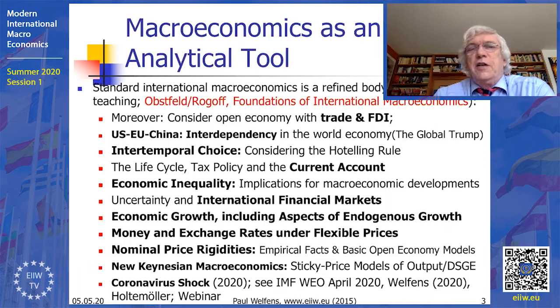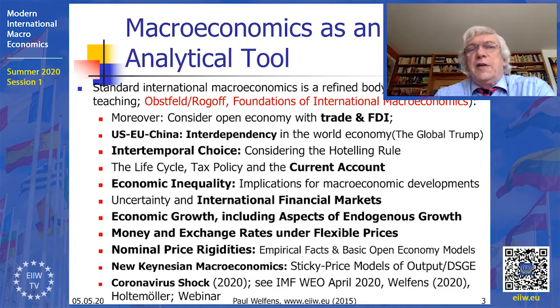Occasionally we will consider such a setting, but the 21st century very much is a period of economic interdependency of big economic players. We could also add, of course, Japan or others. And this interdependency in the world economy is not so easily understood by some of the policymakers, it seems.